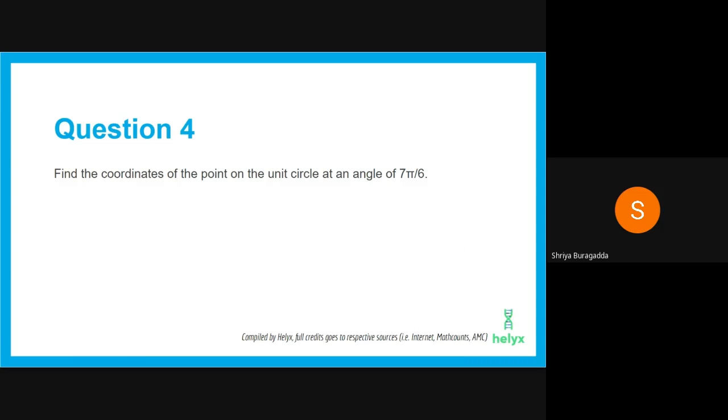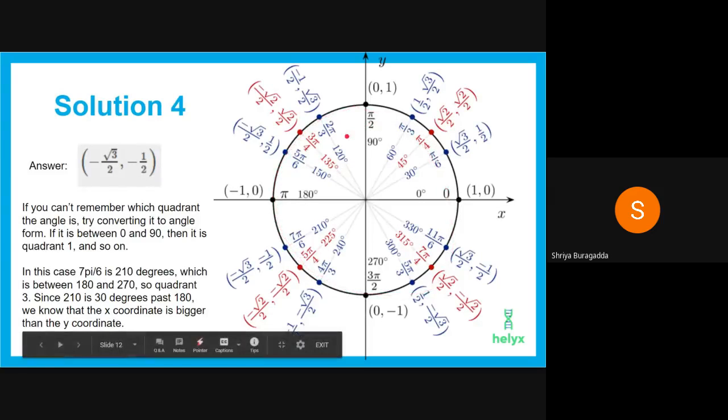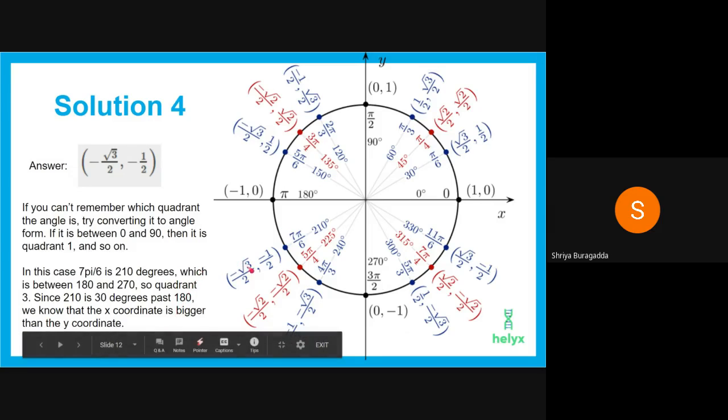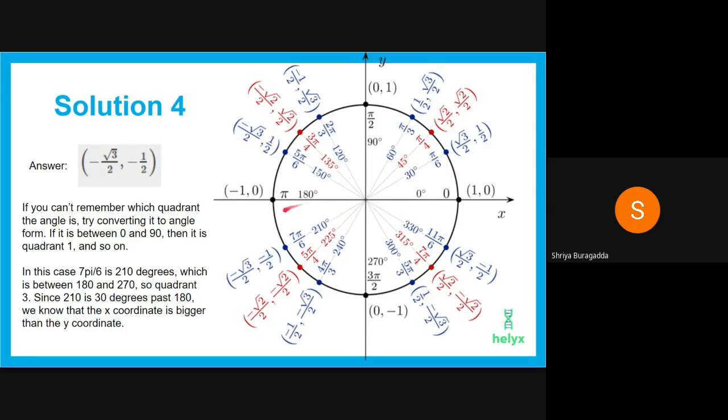Okay, so I've just added another diagram of a unit circle here. It was asking for 7 pi over 6, which is right here, the same as 210 degrees, and the coordinates are negative root 3 over 2 and negative 1 over 2. It's in the third quadrant, so we know that it has to be negative, negative, and it's also longer on the horizontal side and shorter on the vertical side.